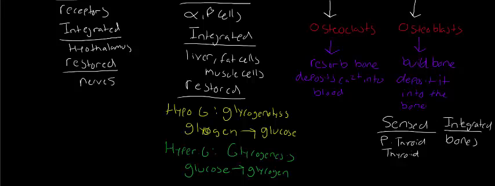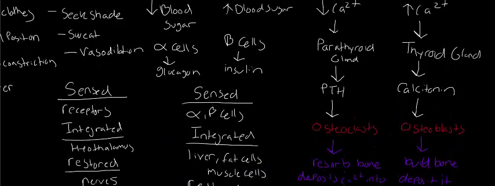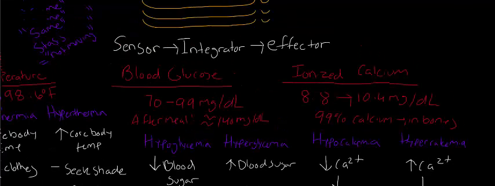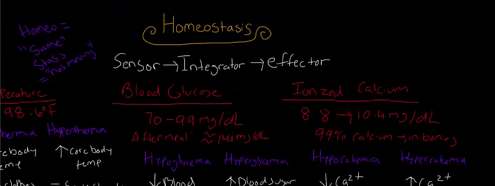And we'll discuss further in subsequent videos how calcium is regulated in the body and then becomes restored by parathyroid hormone and calcitonin. And those are three ways in which the body undergoes homeostasis in order to re-establish that special state in which it prefers to be in.